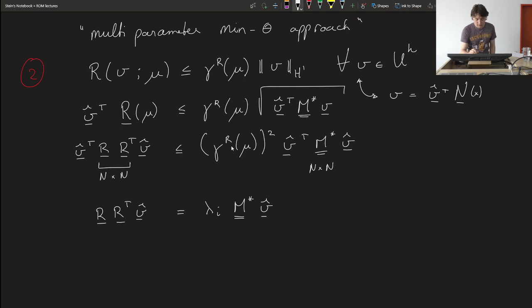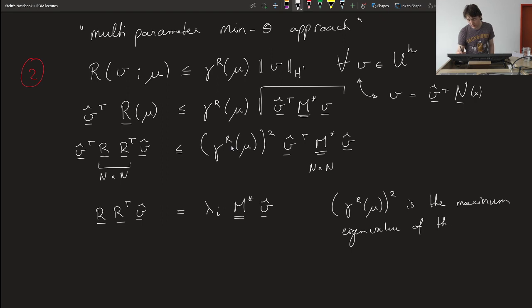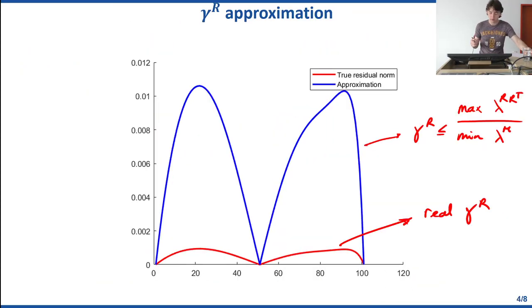And so gamma R mu square is the maximum eigenvalue of that. I'll give this a number. So if we could obtain the eigenvalues of this eigenvalue problem, then I would know my gamma R. And in a sense, that is exactly how I computed this red line, right? That's the eigenvalues of that eigenvalue problem.